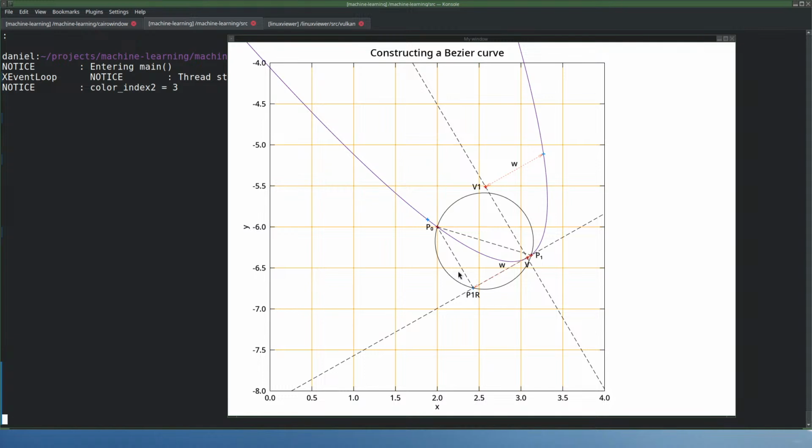I should also draw in what this distance is, I think. Yeah, project it onto this one. So let's say it's positive when it's pointing up.